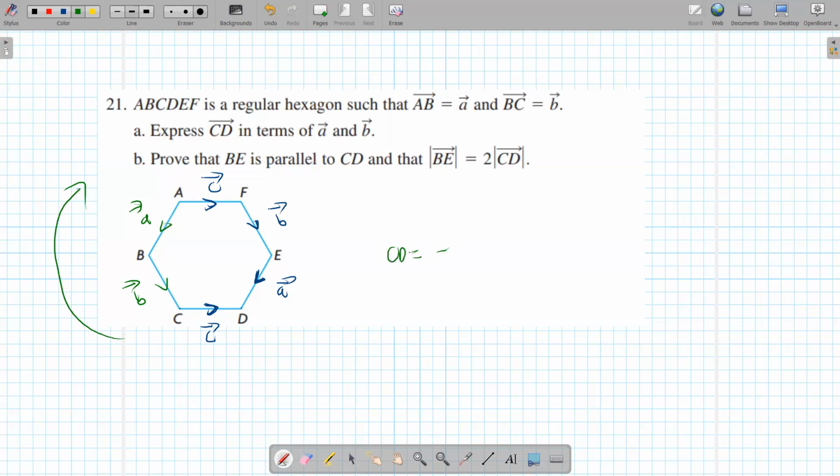So CD is minus B minus A, plus some vector C, plus B plus A, right? Does that help us? We just get CD is vector C. Does not look like that path helped us.